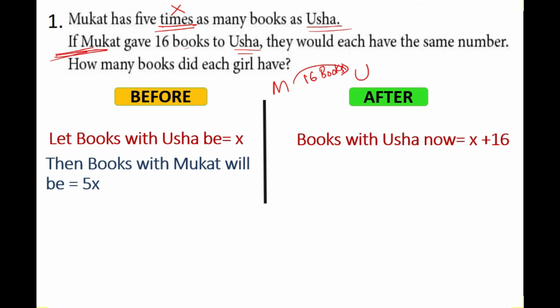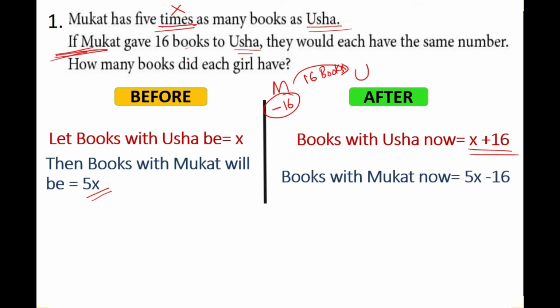So Usha is going to have x plus 16 books with her. At the same time, you should realize that Mukat is facing a loss of 16 books because from what he already had, he has given 16 to Usha. So the books with Mukat now is going to be 5x minus 16.